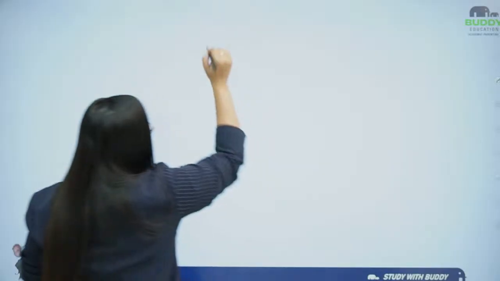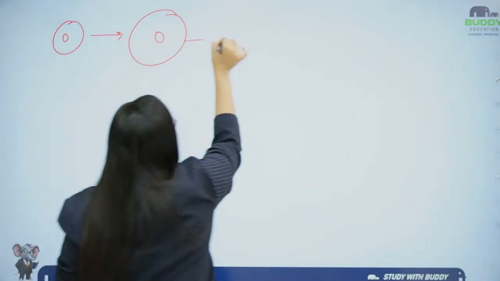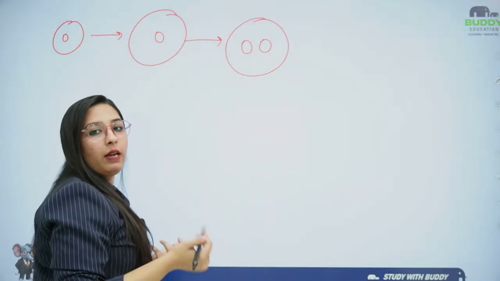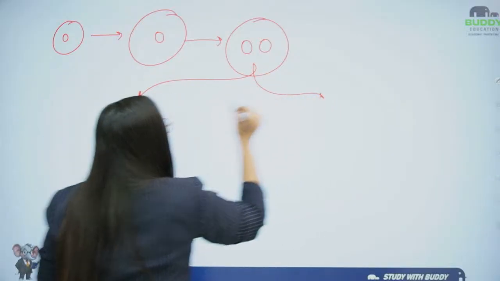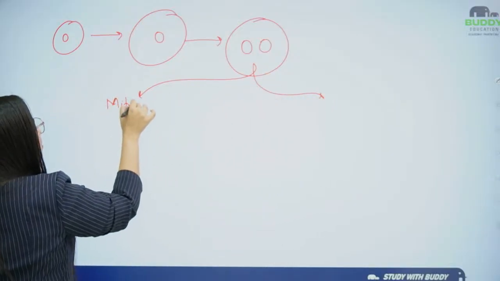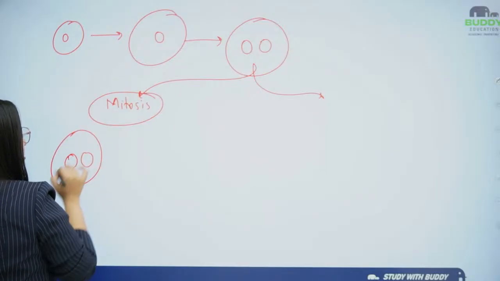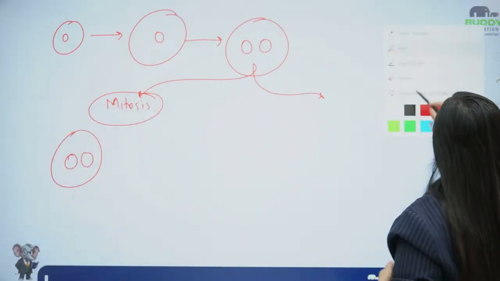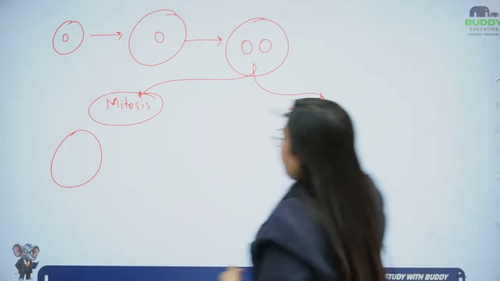So when I am talking about cell division, first there will be a cell. This cell will grow into a big cell, and then there will be karyokinesis, where one cell will have two nuclei. So we will have two processes. One will be mitosis and the other will be meiosis. When I am talking about mitosis, there is one mother cell including two nuclei.